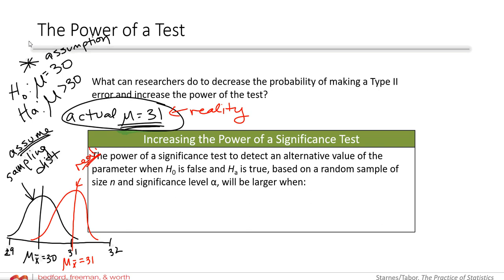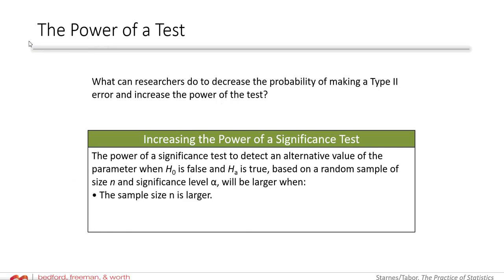The power of the test is going to increase when the sample size n gets bigger. And here's why. Remember, the power of the test is essentially rejecting HO when a certain HA value is actually true.